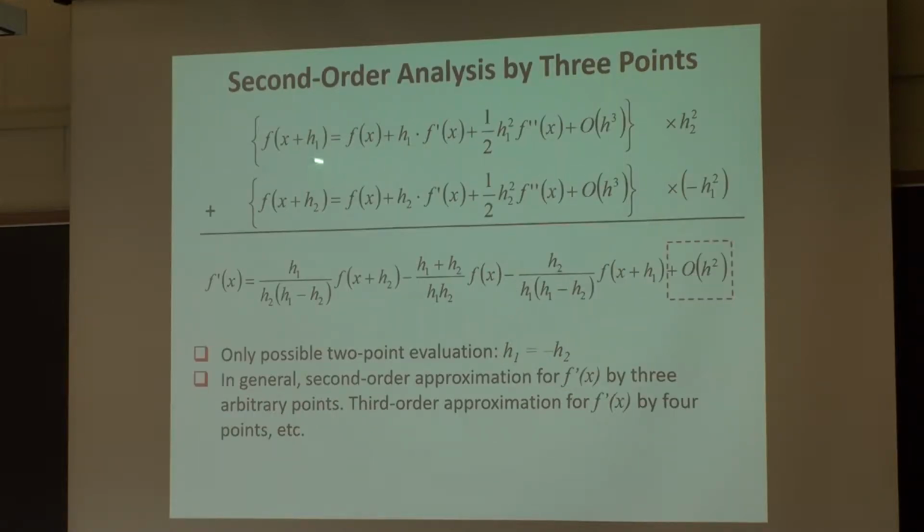So if the first equation I times this, second equation I times this, I add it up together, right? Move the h to the other side, then I get an arbitrary approximation. Arbitrary in the selection of h1 and h2. But the approximation is going to be second order, right?